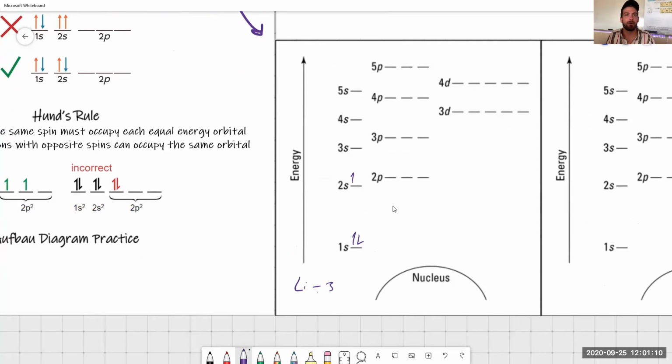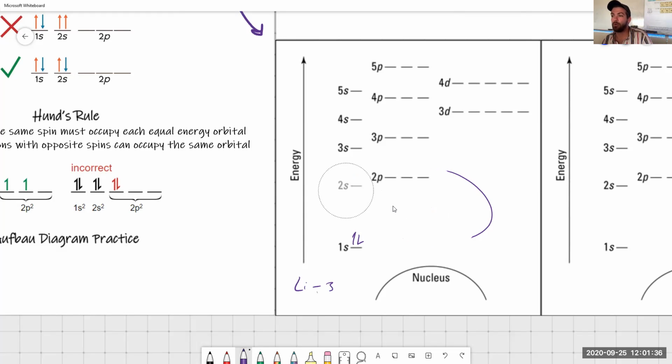So we have completed an Aufbau diagram for lithium. Very simple. Now, the way that you would write out the electron configuration of lithium would just be 1s2, 2s1. If I were to ask you, write the electron configuration for lithium, that would be it right there. Because what you've done is you've showed me those simple applications of where our electrons go, okay? 1s2, 2s1.